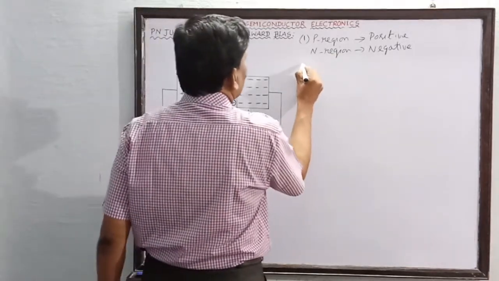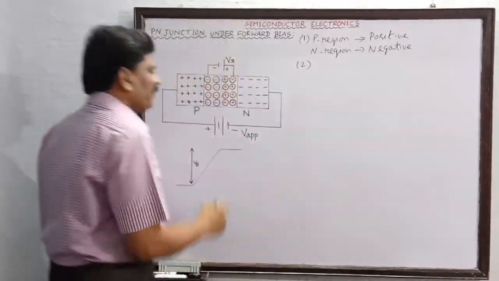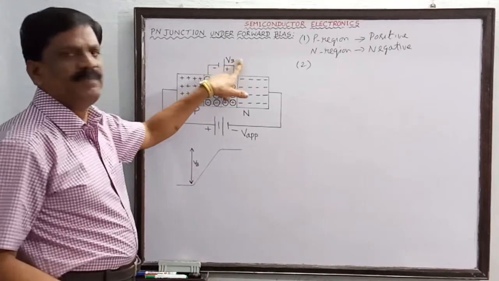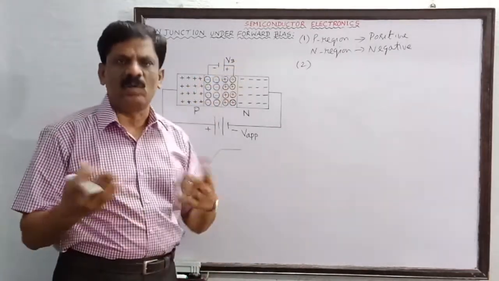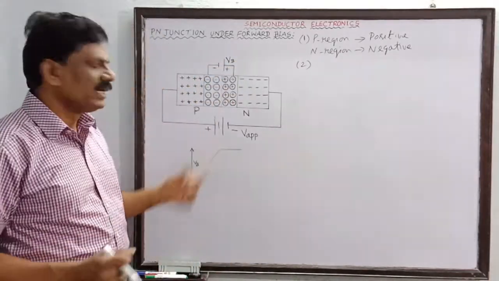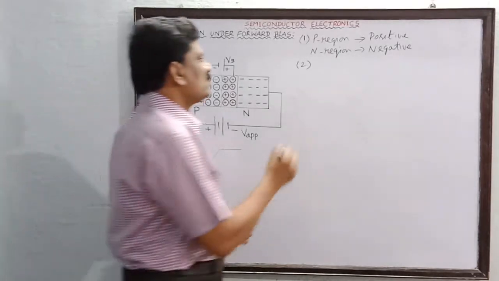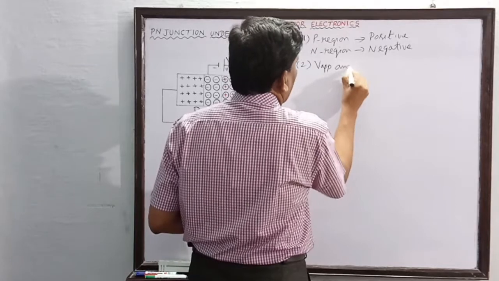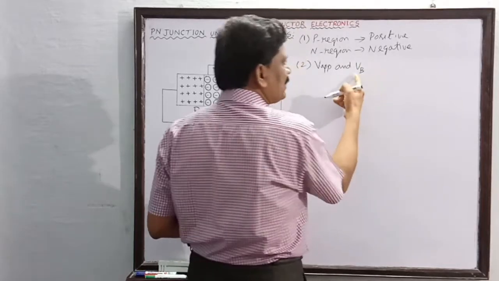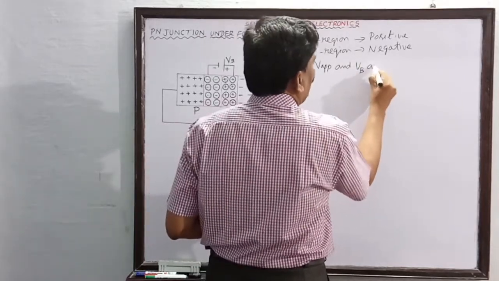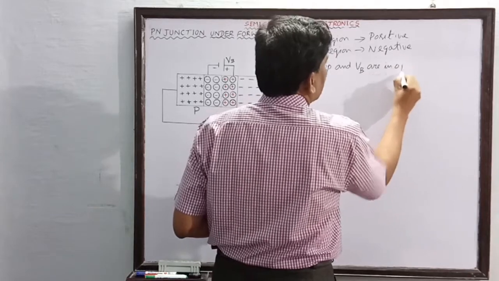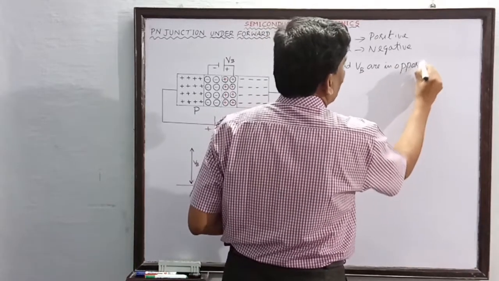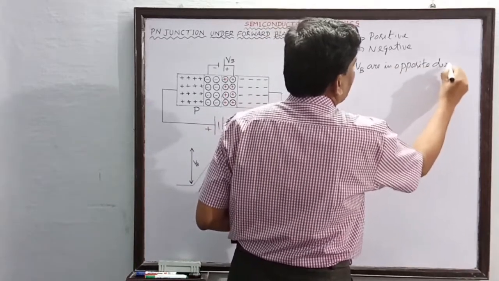Now you see that V applied and VB, are they in the same direction or opposite direction? They are in opposite direction. So V applied, that is the applied voltage, and VB, that is the barrier potential, are oppositely directed.